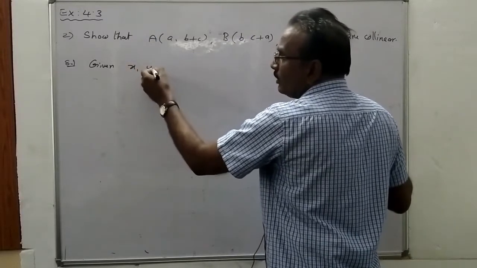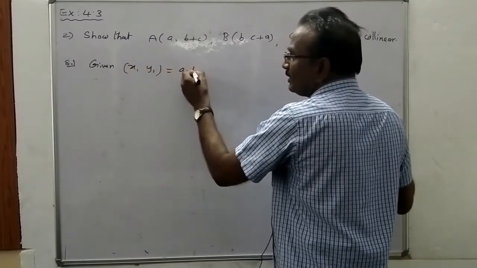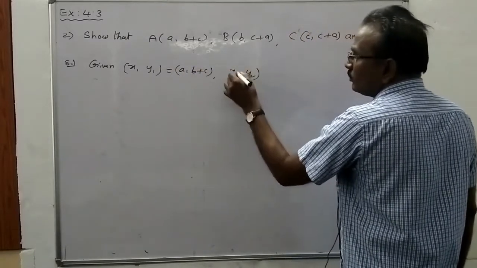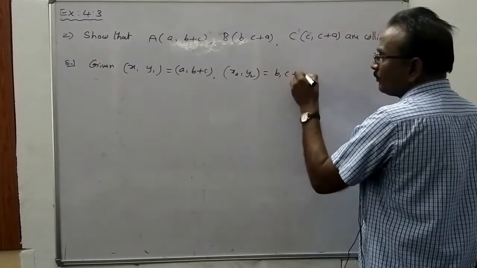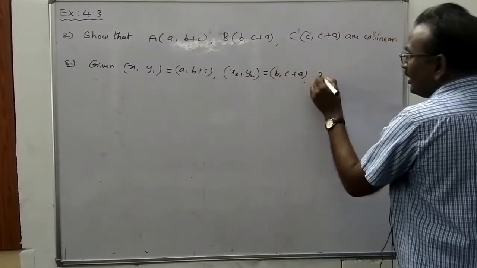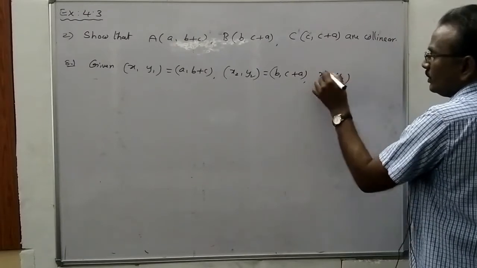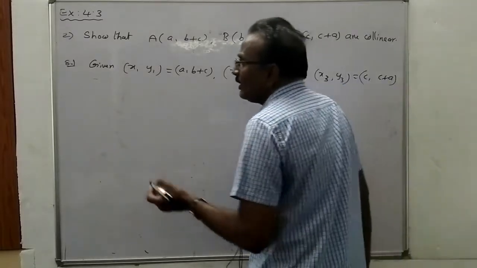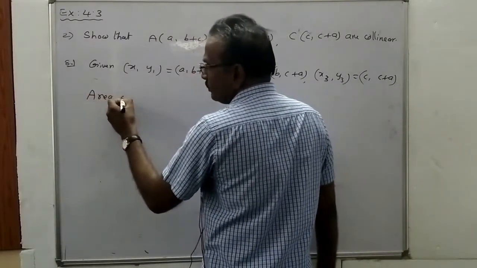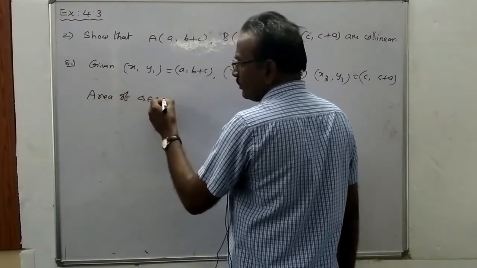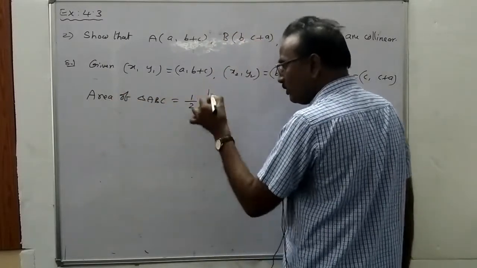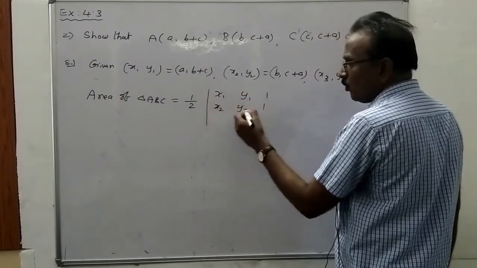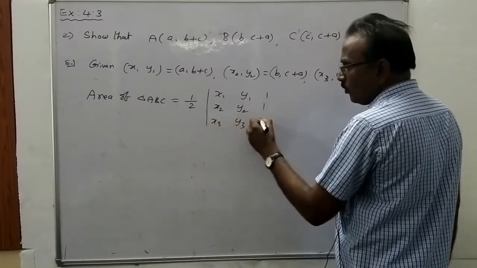Here x1 comma y1 is given as a comma b plus c, x2 comma y2 is given as b comma c plus a, x3 comma y3 is given as c comma a plus b. So what is the area of the triangle? The area of triangle ABC is equal to half the determinant of x1 y1 1, x2 y2 1, x3 y3 1.